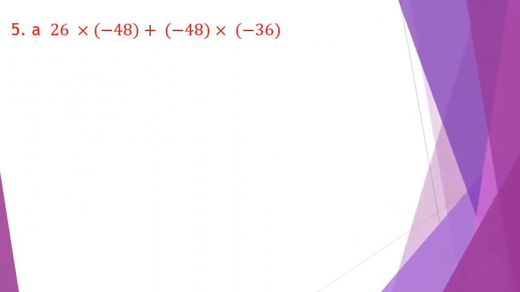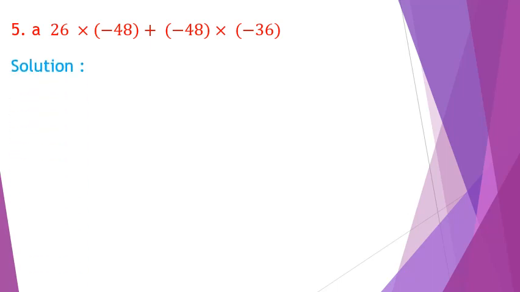Next question. Find the product using suitable properties. Question A: 26 multiplied by minus 48 plus minus 48 multiplied by minus 36. Here multiplication and addition are coming together and one number is repeating in both the terms.